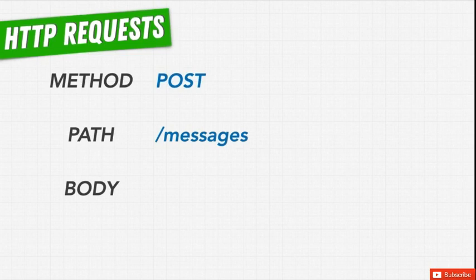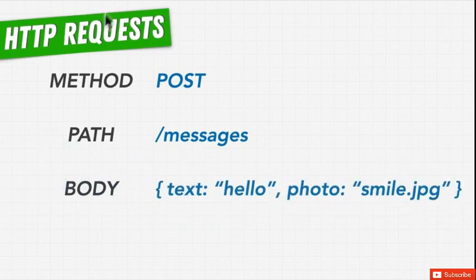But the most common format for sending data back and forth over HTTP is JSON, which is what we're going to be using for this course. And for a message, it might look something like a property that specifies the message itself and maybe a photo where you specify the path of the photo file.